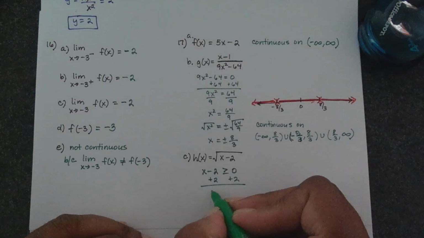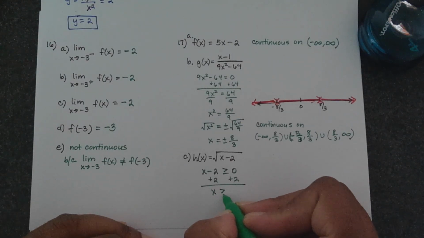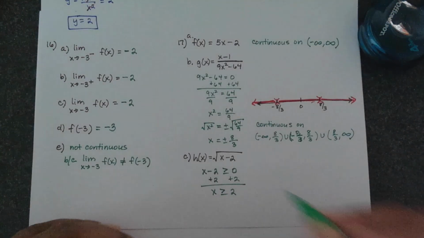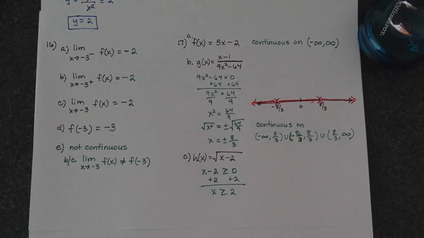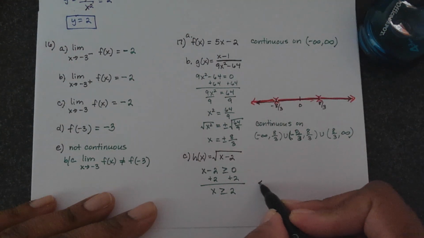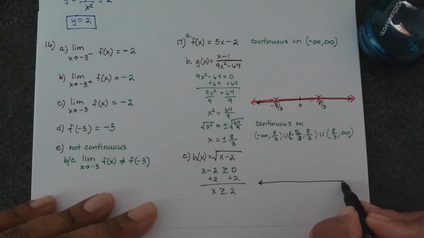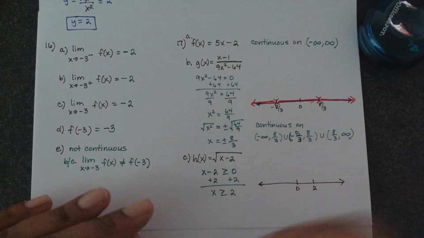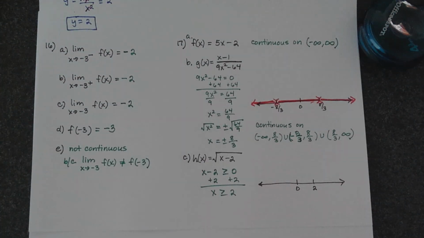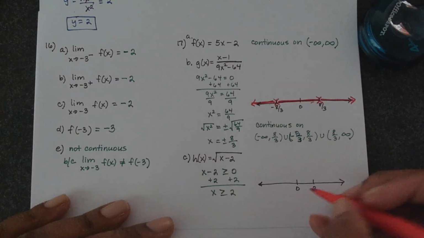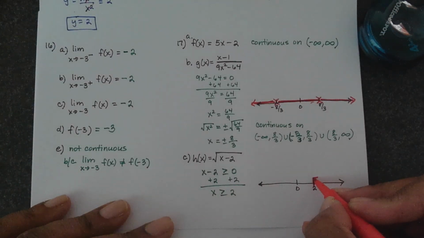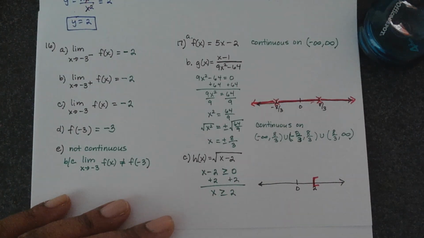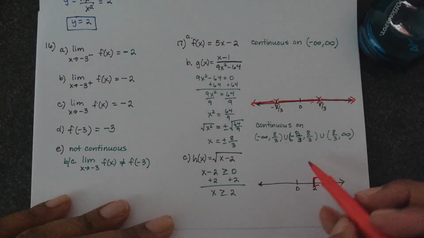So to get x by itself, we add 2. That means x is greater than or equal to 2. So any x value greater than or equal to 2 will satisfy that radical function. Now, of course, you have to give the interval notation for that. Here, we need to use a bracket at 2 because 2 is included, greater than or equal to.